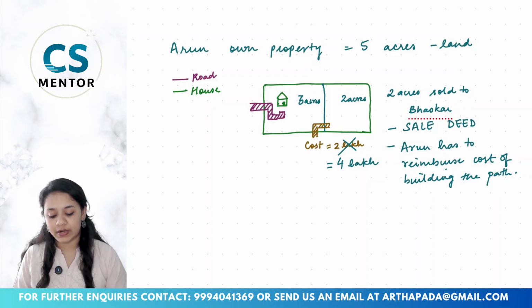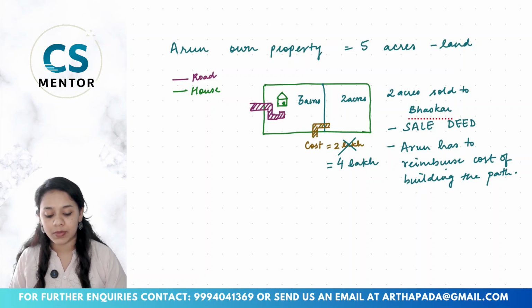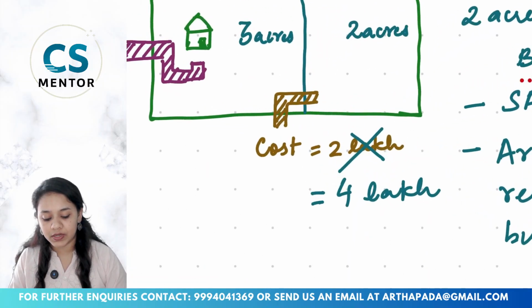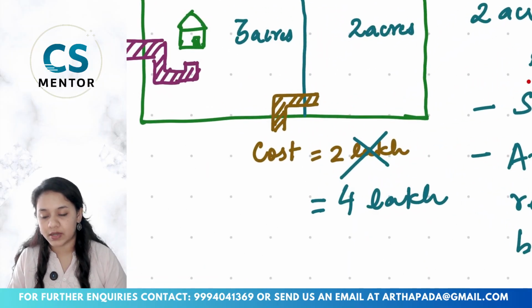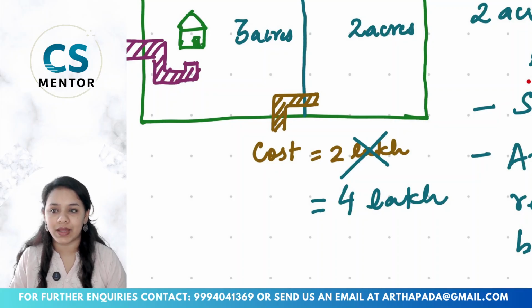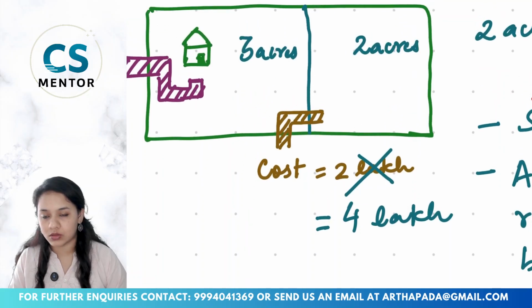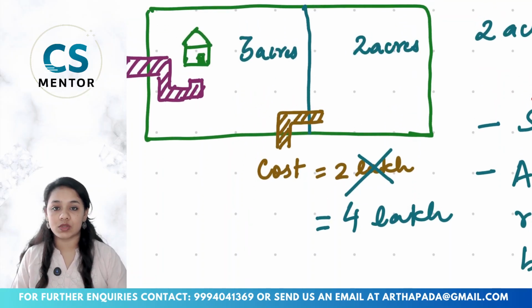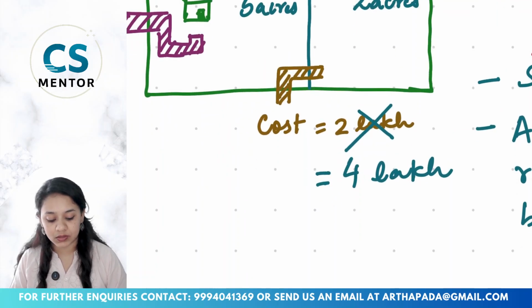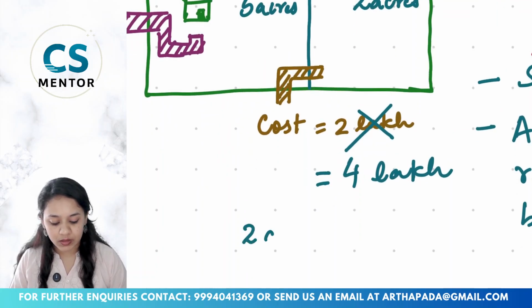And Arun was not entirely clear about how the path was going to enter into Bhaskar's land, but Bhaskar went ahead and built the land. You see, while building this pathway, Bhaskar ended up taking quite a bit of the land to the 2 acres, such that the actual property that was now being taken up by Bhaskar became more than 2 acres.